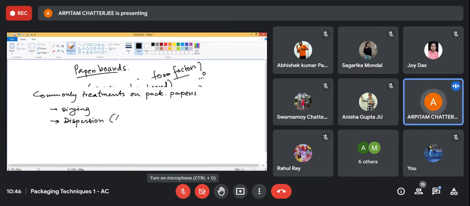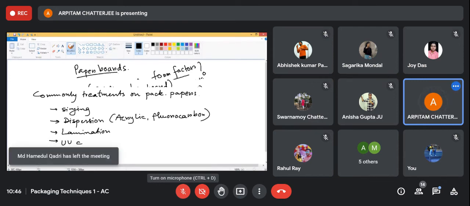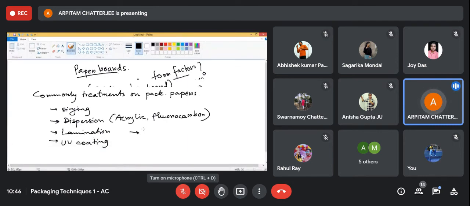Normally you can have acrylic dispersion, you can have some fluorocarbon kind of thing, and we can have something called lamination. We may use some kind of UV coating or UV treatments. Then we can have something called extrusion lamination.